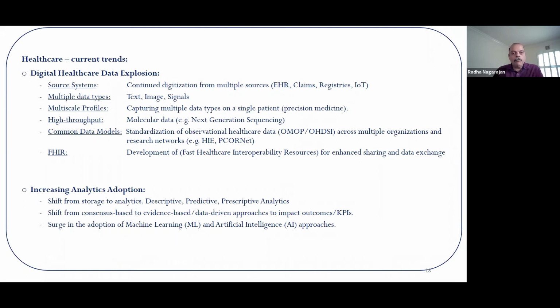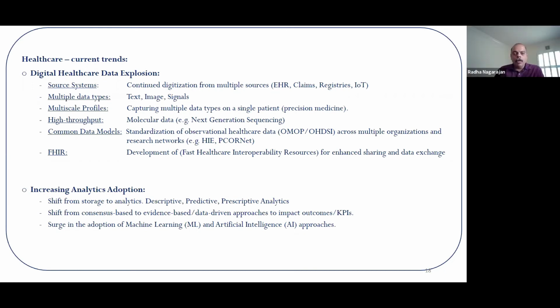And more recently, Fast Healthcare Interoperability Resources give a fine nexus to IoTs and other devices, and in exchange of data sets. So all these things culminate and contribute to the massive data explosion in healthcare.